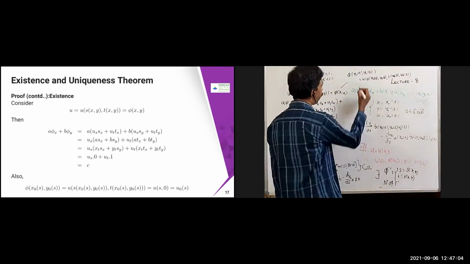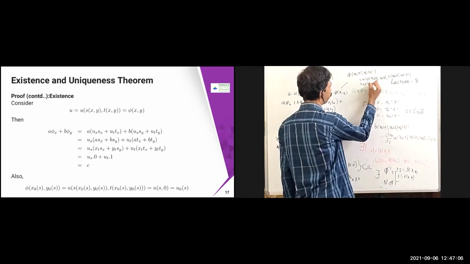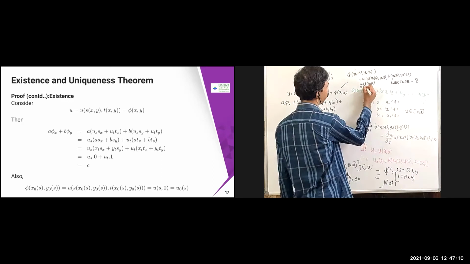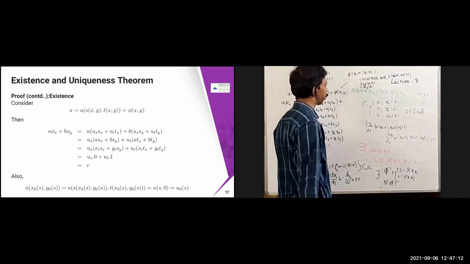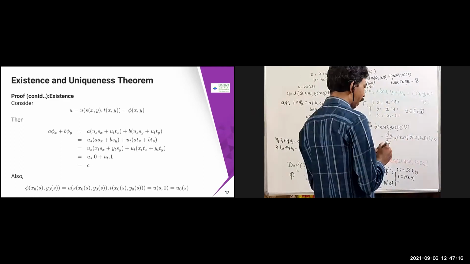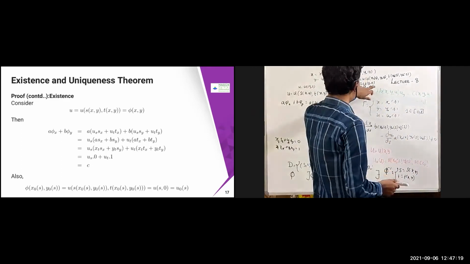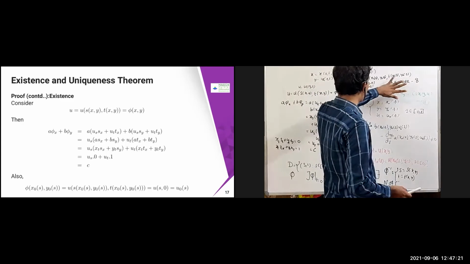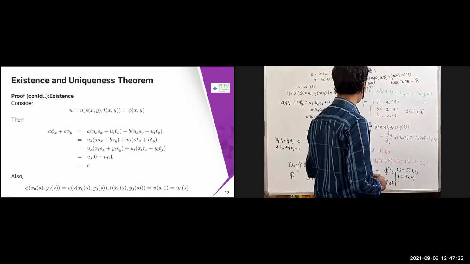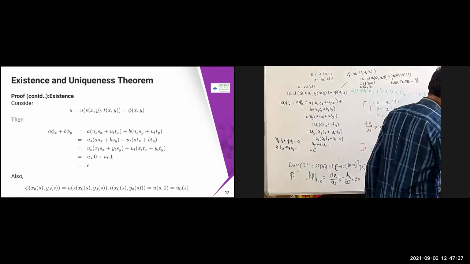That is nothing but u of s comma t, and that is nothing but u_0 of s, because t is not there. Everything is going to be in terms of s only.